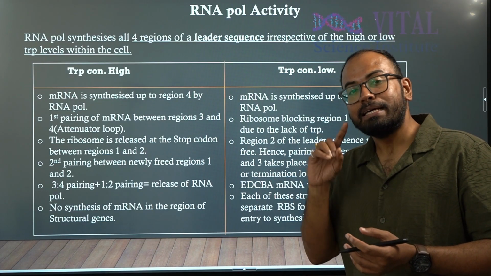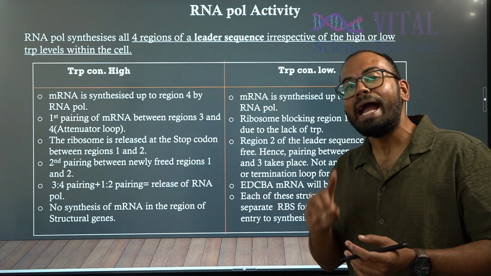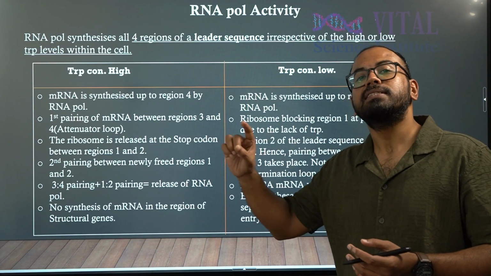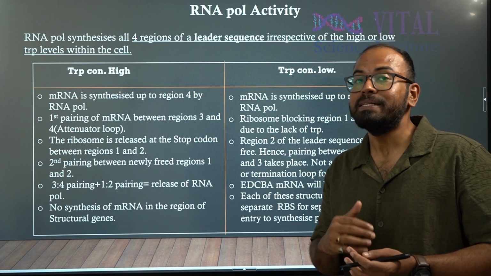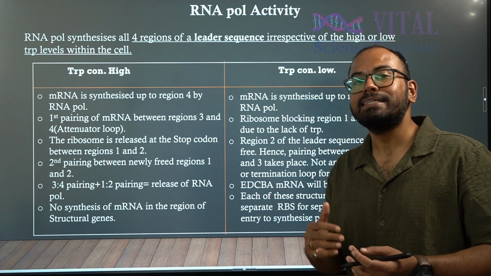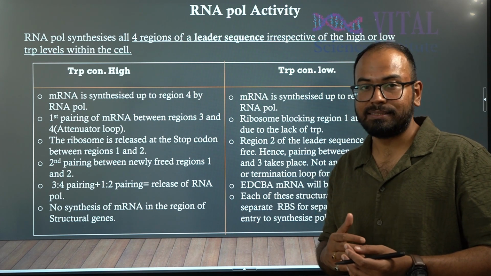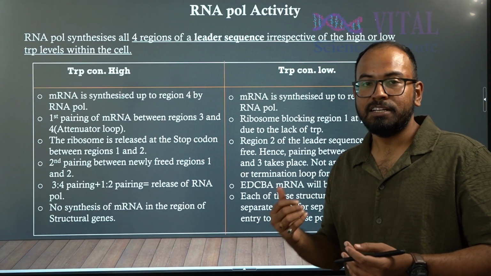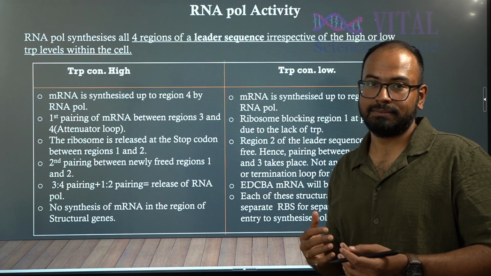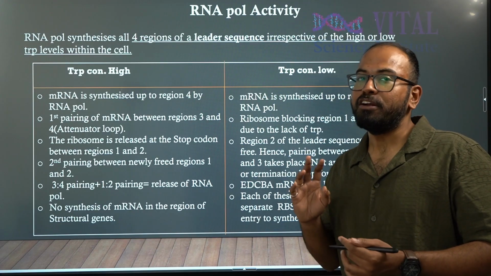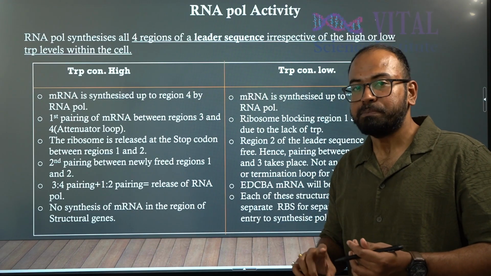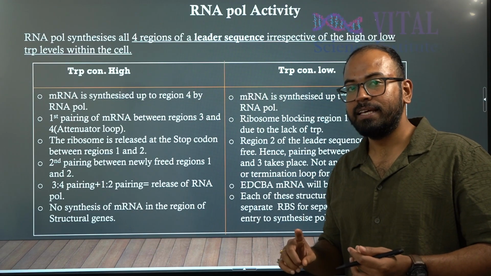Therefore, separate ribosomes will bind to all of these structural genes, and hence the proteins will be synthesized. And as the enzymes are being synthesized from these structural genes, tryptophan synthesis will occur. This is how the overall mechanism regarding the tryptophan operon at transcription and translational level is regulated.